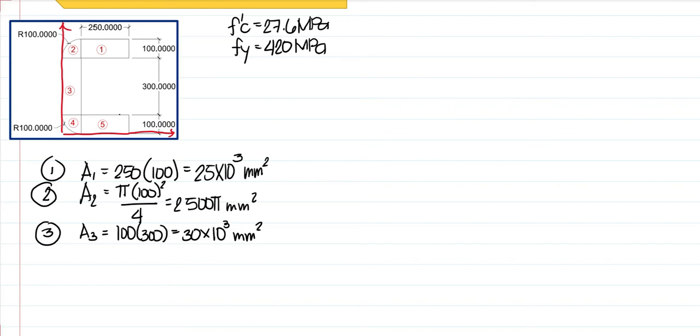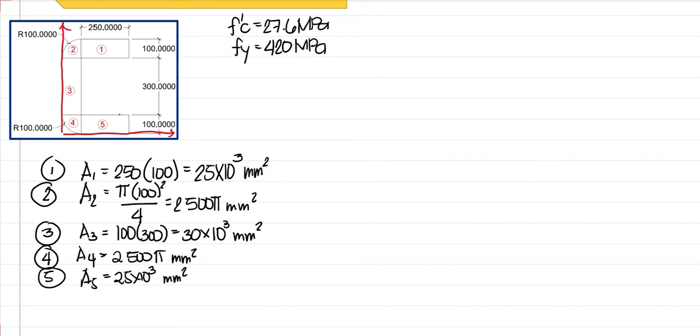Then for the fourth one, syempre parehas lang sila nung second area. So area 4 is equal to 2,500 pi. That is also in mm squared. And yung fifth area will be the same as the first area. So area 5 is equal to 25 times 10 cube mm squared.